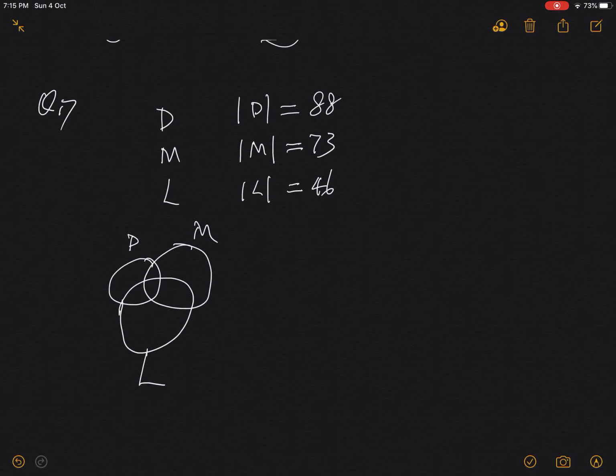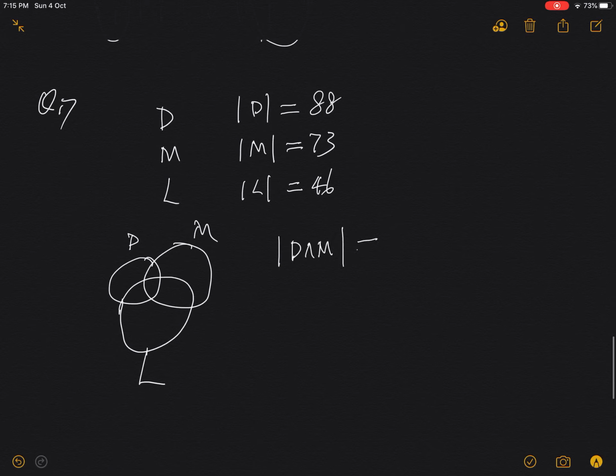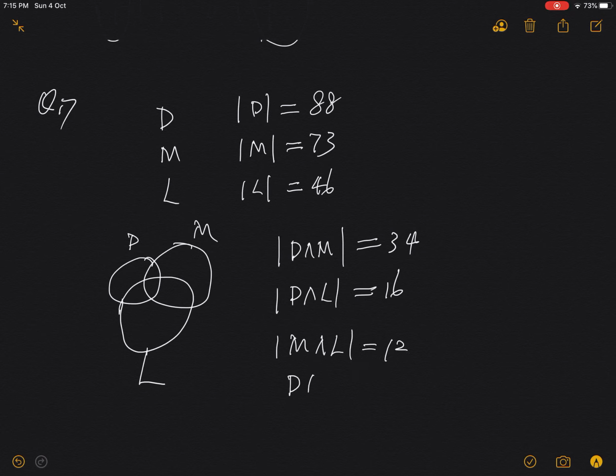So the cardinality of the intersection of durians and mangoes is 34, and similarly for the remaining cases: eat durians and lychees is 16, eat mangoes and lychees is 12, and eat durians, mangoes and lychees is 5.